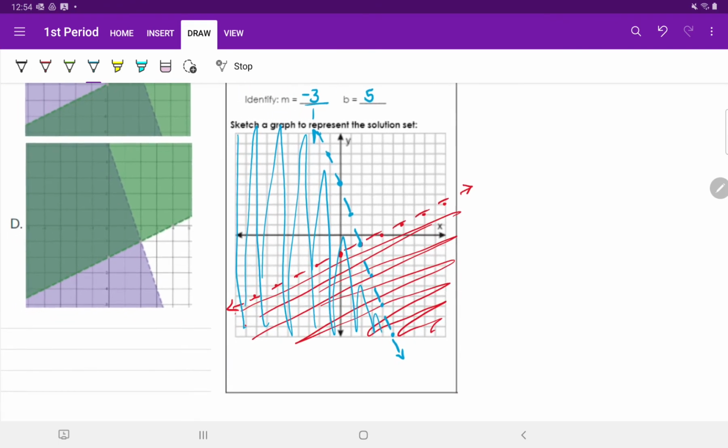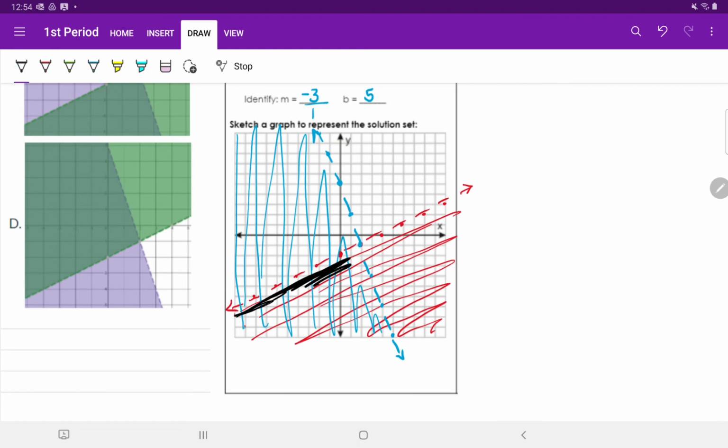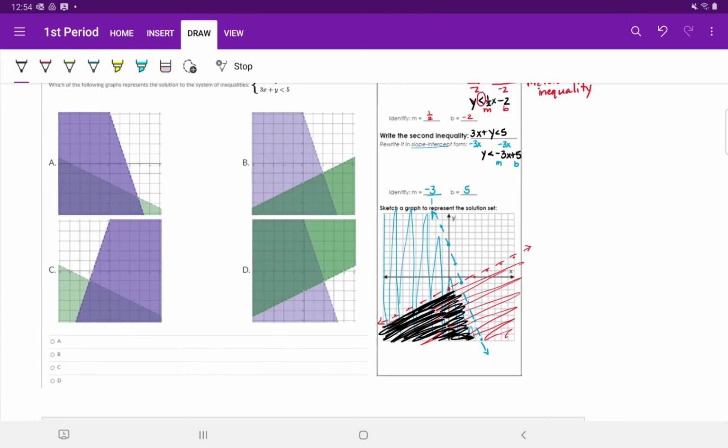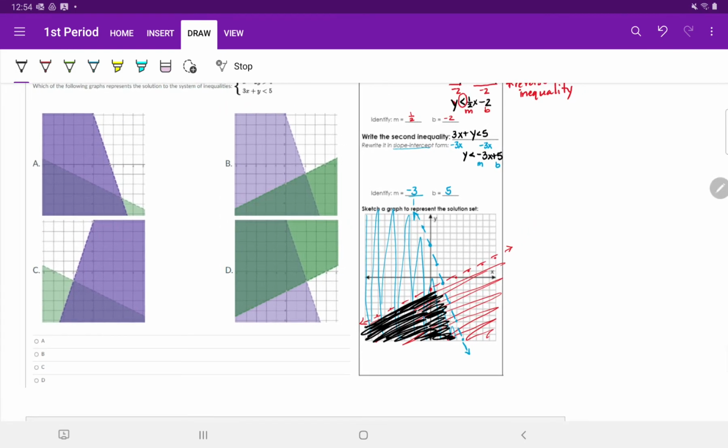The space where our two shadings intersect, the place where both of our graphs are shaded, is down here. So this should be our darker shaded region. So let's figure out which one of these options matches up with our picture.